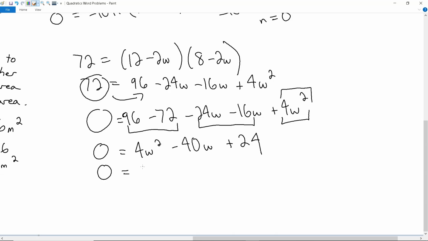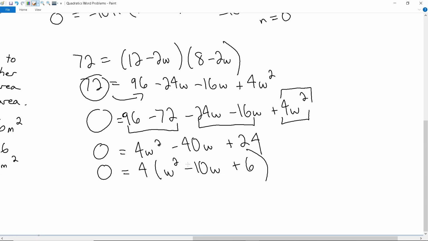And I notice I can actually factor out 4 from all of my terms. So let's do that, make things a bit cleaner. All right, now we just need to get this into factored form.